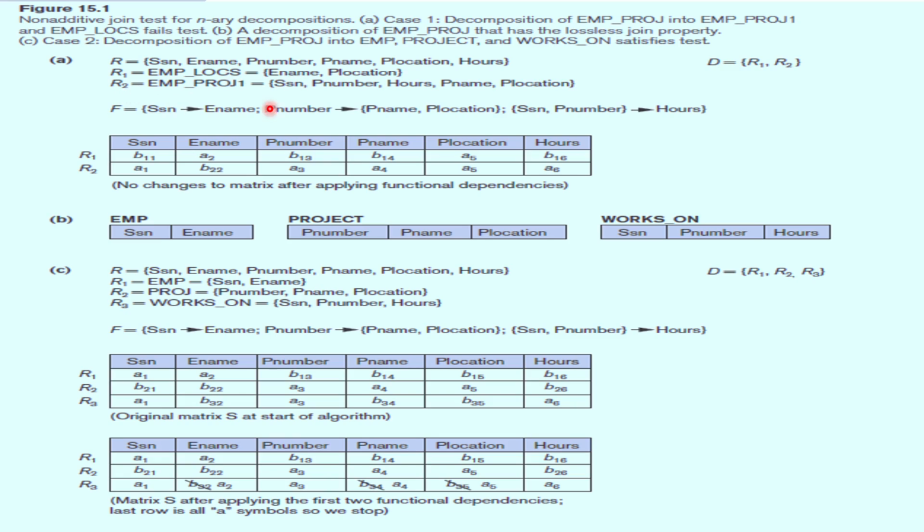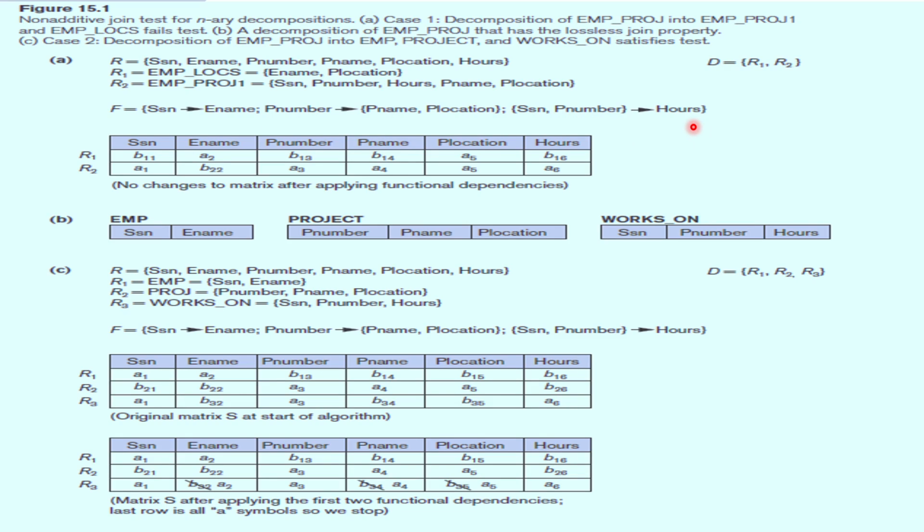The attributes of R2 are SSN, pnumber, hours, pname and plocation. The given functional dependencies for R are F: SSN determines ename, pnumber determines pname and plocation, and the combination of SSN and pnumber determines hours.